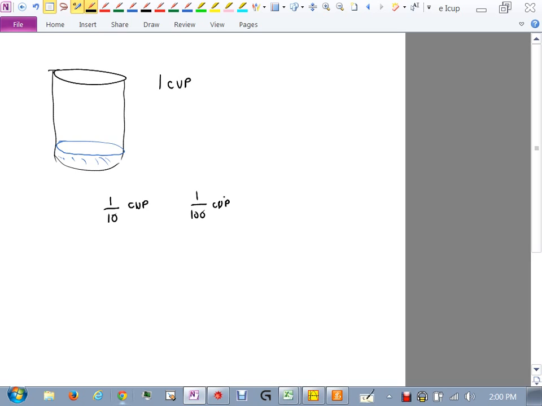So I measure out a 100th of a cup and pour that in there. It's not quite as much, right? But it's in there. And then I do it again, and I do that forever, following that same pattern. So 1/10, 1/100th, 1/1000th, and I keep doing it forever. I'm adding this to this, to this, forever and ever, never stopping.